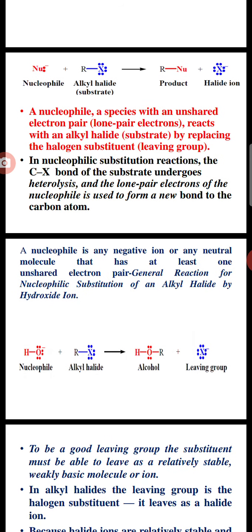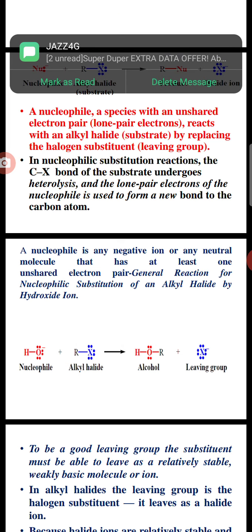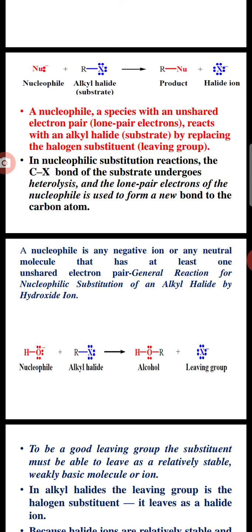The general reaction is written as nucleophile OH reacting with alkyl halide to form an intermediate complex, and the leaving group, the halogen, leaves from this complex.